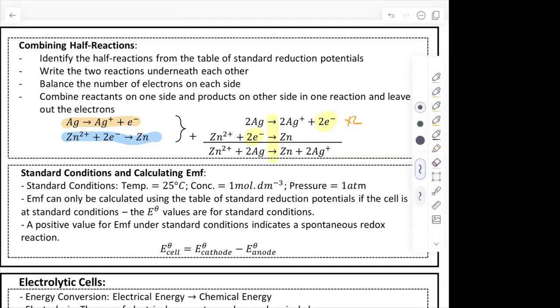My zinc will go down and remain exactly as it is. My silver will go down and remain exactly as it is. I will leave out the electron. On the other side, my silver ion and my zinc will come down. This becomes my final ionic reaction: Zn + 2Ag+ becomes Zn2+ and 2Ag. We'll see how we implement this as we go.